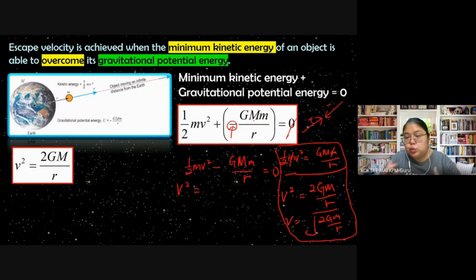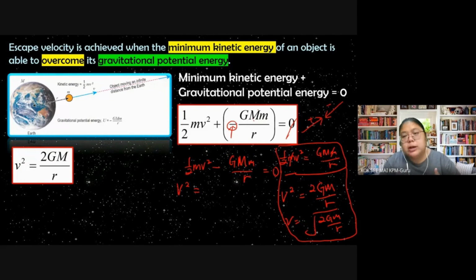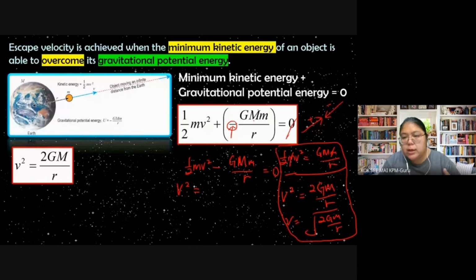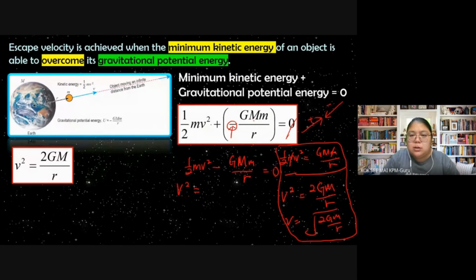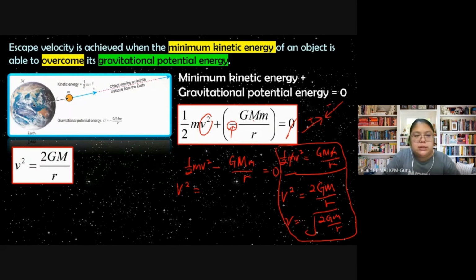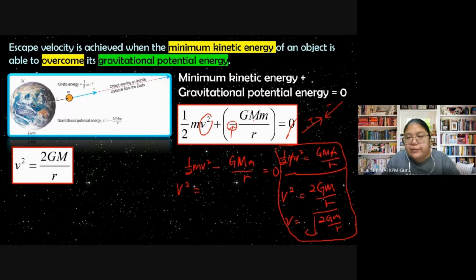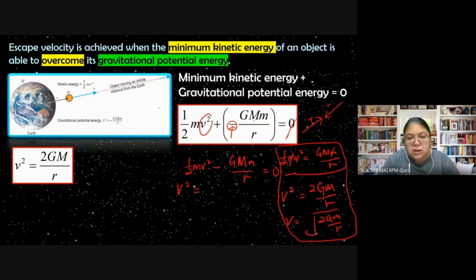It is like a blocking force that doesn't let you pass this energy. As long as your kinetic energy exceeds it, you can rush up. So from here we need to find out how much V you need before you can go outside. This is the formula for the escape velocity. What's the difference between escape velocity and the normal velocity we learned?